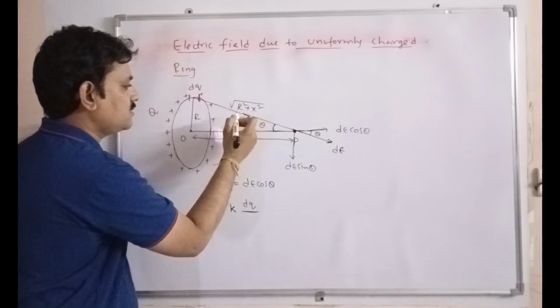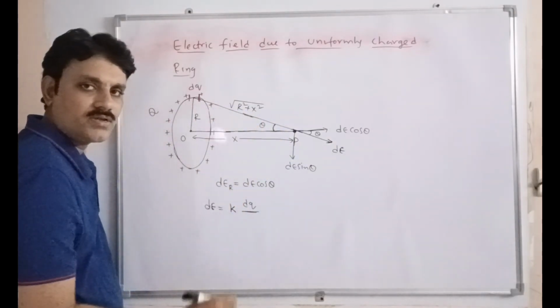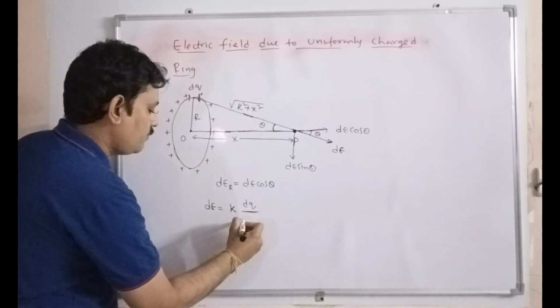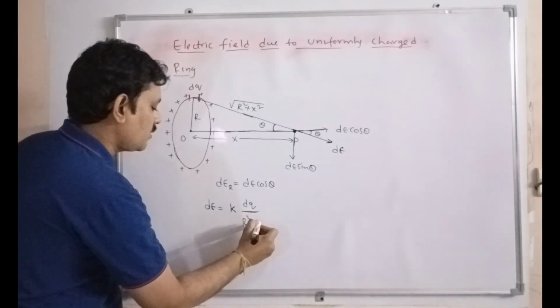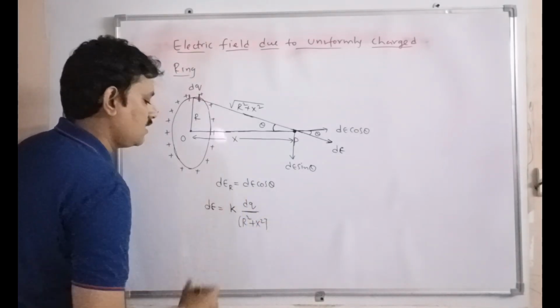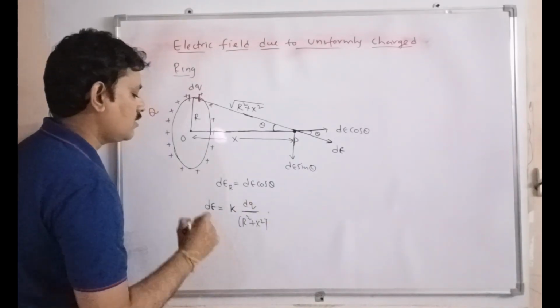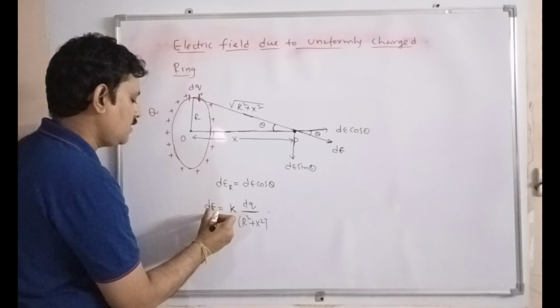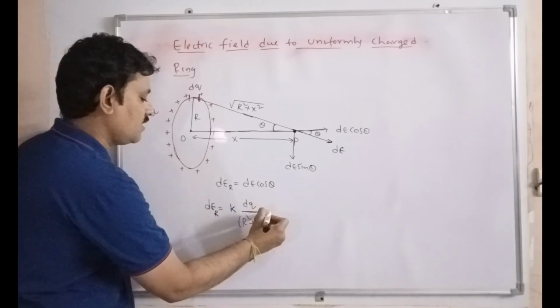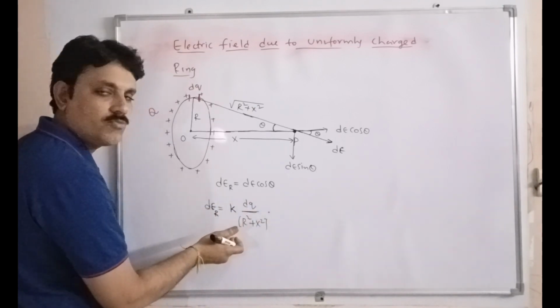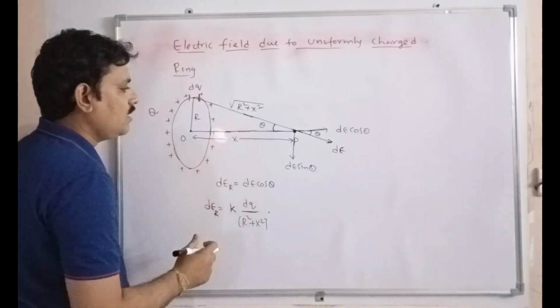Here the distance is root of r square plus x square, and if you square it, it is r square plus x square. So dE_R is equal to k dq by r square plus x square into cos theta.